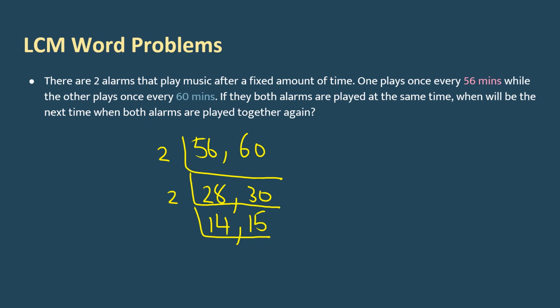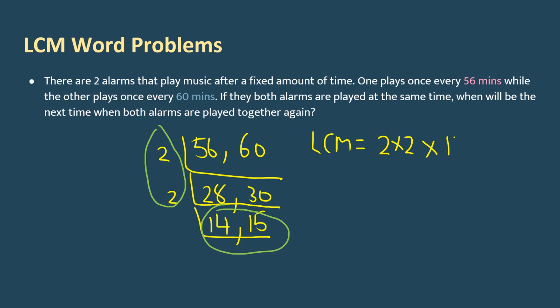Okay, at this time we realize there are no more common prime numbers that both 14 and 15 are divisible by, so we stop. Now we use the lowest common multiple, which is here times here. So it is 2 times 2 times 14 times 15, and that gives us 420. So this means that they will both play music at the same time 420 minutes later.